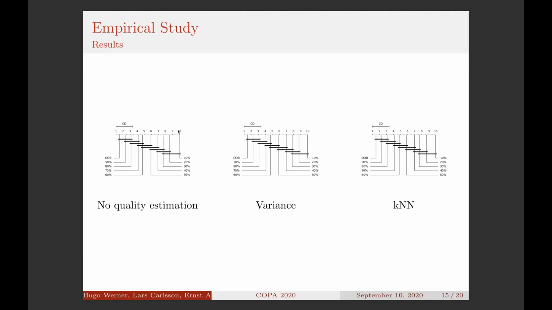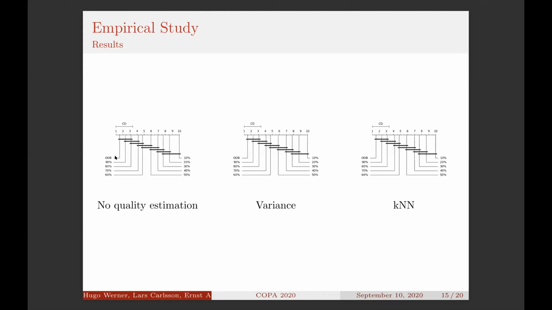Up here you see the rank of the different methods, and the line is drawn at the average rank of that method. And the critical difference is shown here. So anything which is separated by more than this distance, we can reject the null hypothesis. And those that are connected, we cannot do that.